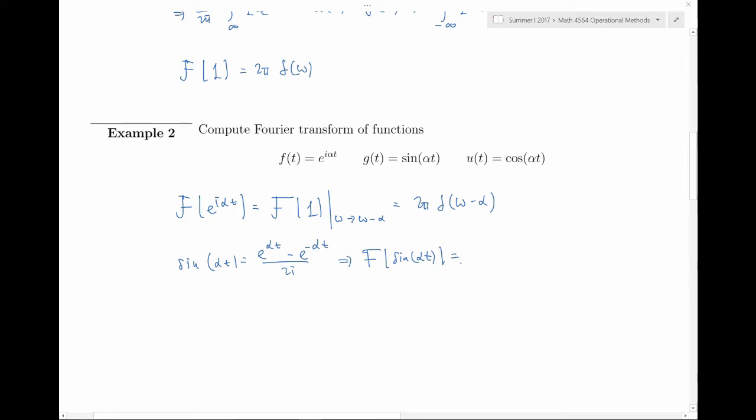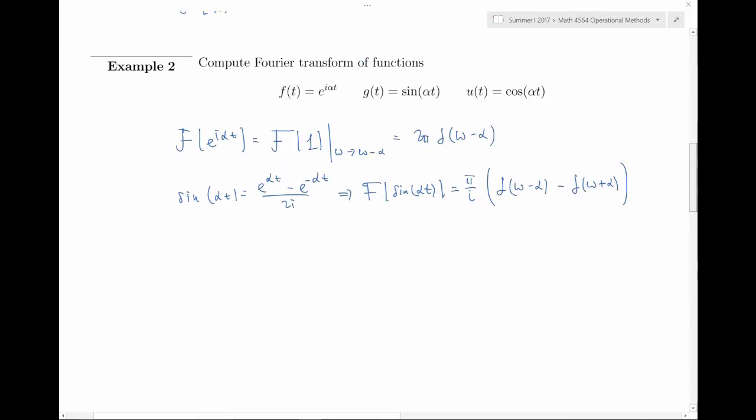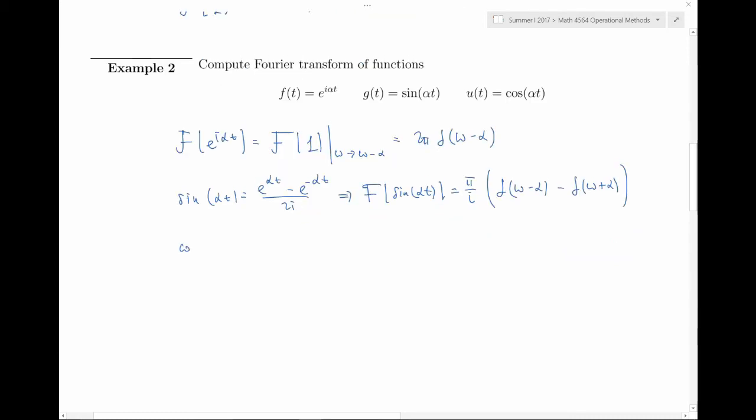So it's 1 over 2i multiplied by 2 pi, so it's going to be pi over i, and then I have a delta function of omega minus alpha for the e to the i alpha t term, minus a delta function of omega plus alpha for the e to the minus i alpha t term. And the Fourier transform of cosine can be computed in a similar fashion.